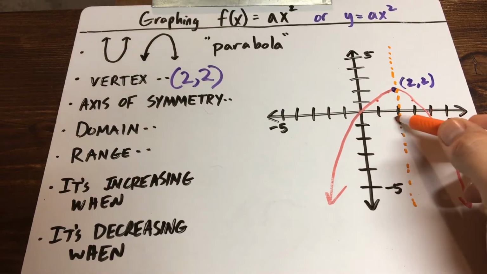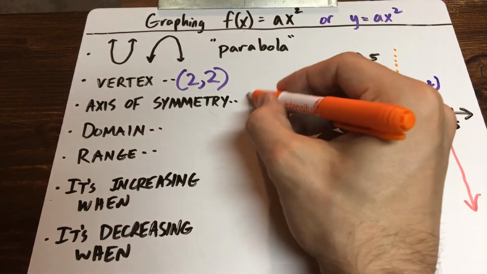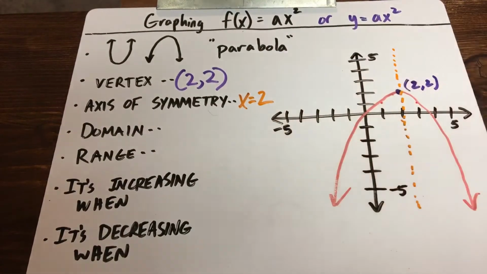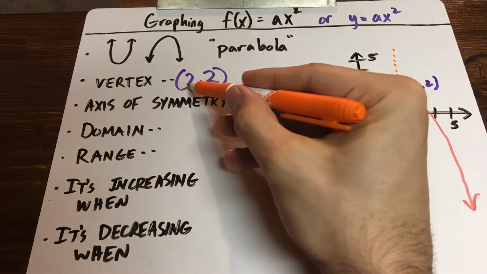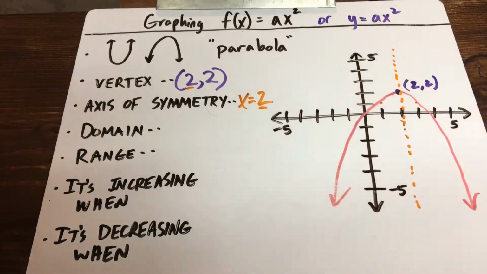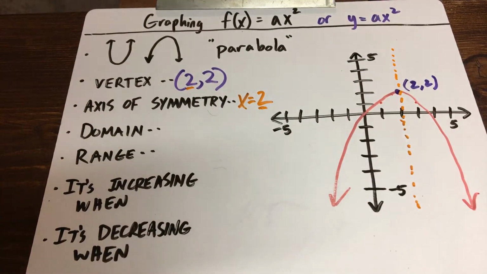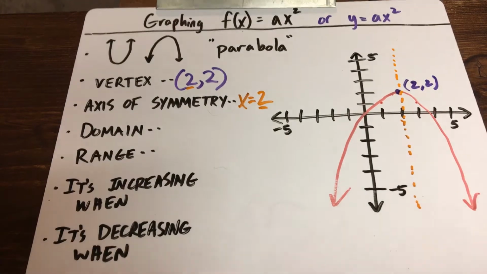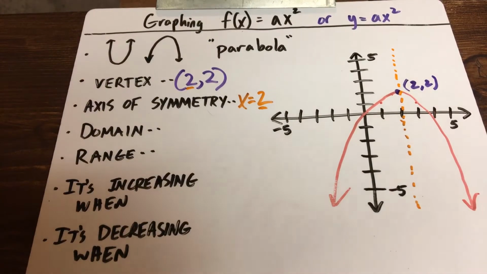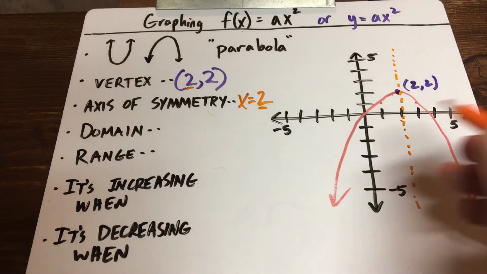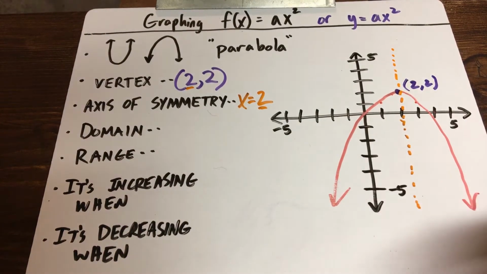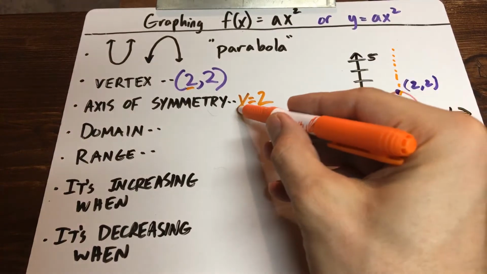I'm here on the x-axis at the point 2. So my axis of symmetry is x equals 2. The axis of symmetry will always be the same as the x-coordinate in your vertex, just as an FYI. So that is the axis of symmetry. It is the line that you would draw right in the middle to perfectly split it in half. Now, mine isn't drawn the best just because I'm not a great artist, but that is how you find the axis of symmetry.